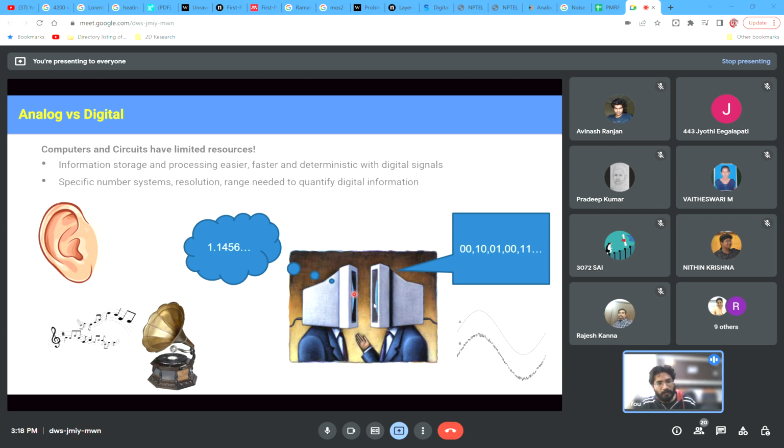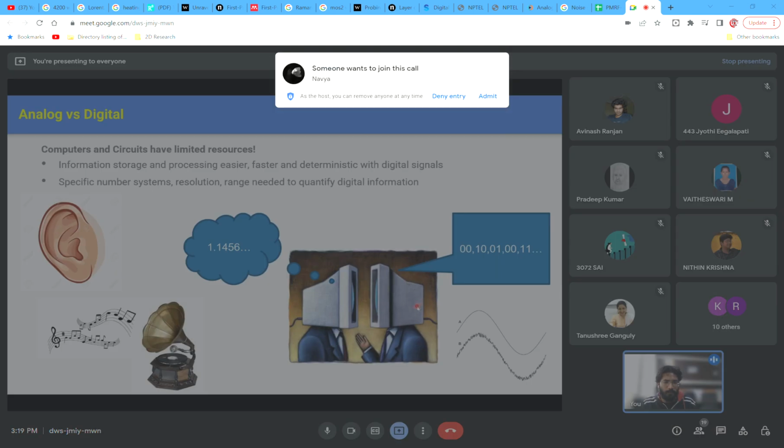The right side computer has information stored in digital domain and communicates in digital signals. Communication has to be to and fro: this computer has to speak, this has to process and listen, and then reply back, and the process goes on for a successful communication.